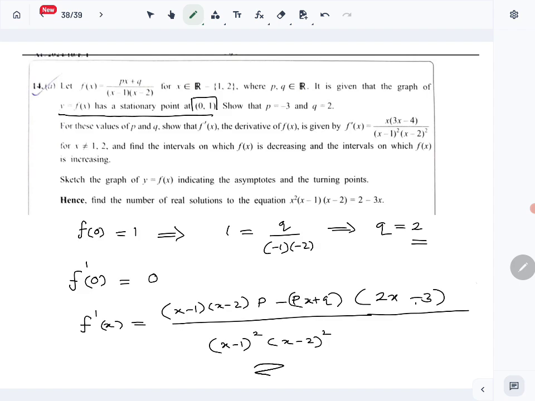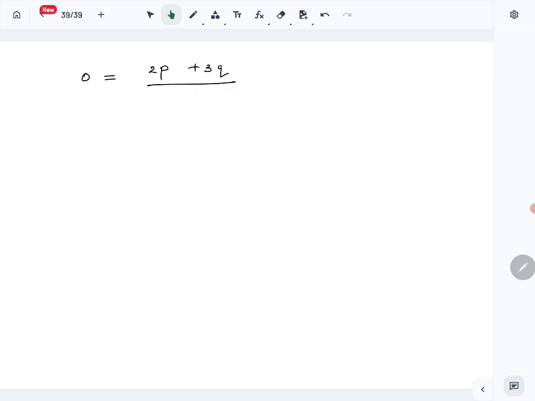The denominator we don't even need to find because it's non-zero, but let's just write it out. That is going to be 1, and this is going to be 2 squared, 4, so just 4.